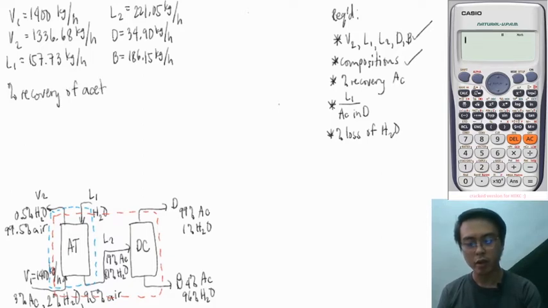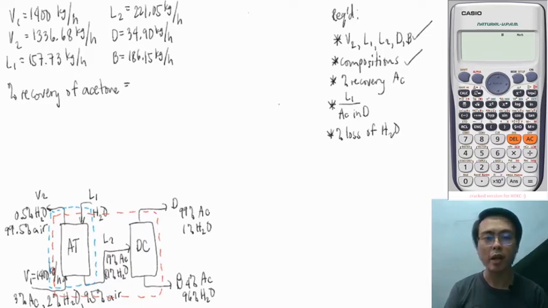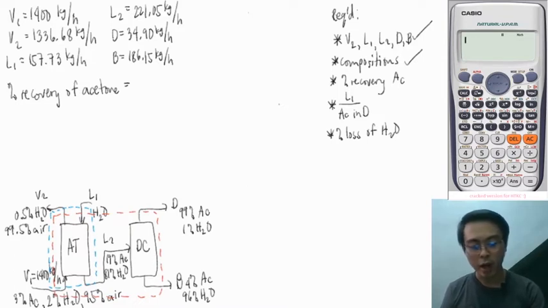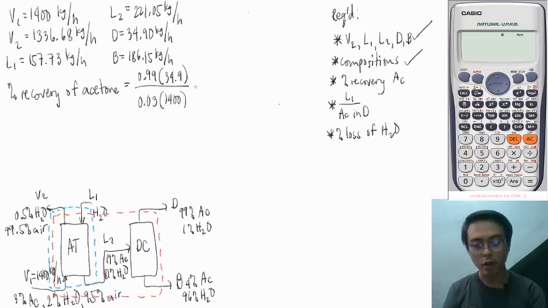The percent recovery of acetone would simply be the ratio between the acetone that was recovered from the distillate, which is our main product, divided by the total amount of acetone that was input to the process. So the acetone recovered is 99% of the distillate, which is 34.9, divided by the total acetone input, which is 3% of 1,400, times 100%.